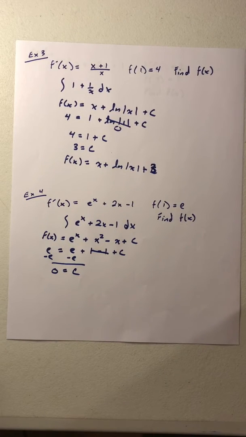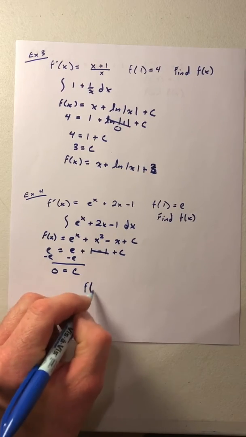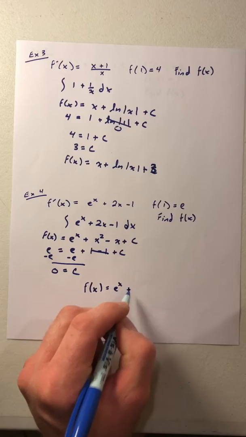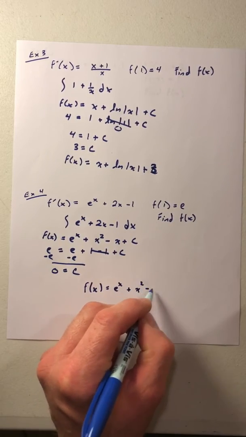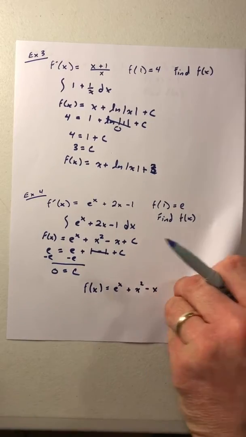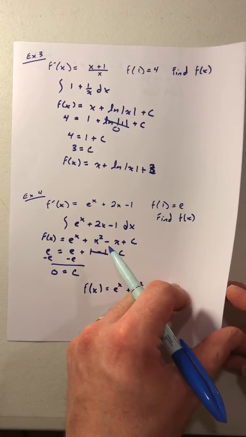And we're going to see that when we're working with e's and natural logs, a lot of things are going to cancel out fairly nicely for us. So our final answer is going to be f of x equals e to the x plus x squared minus x plus our 0. I have one more example for you.